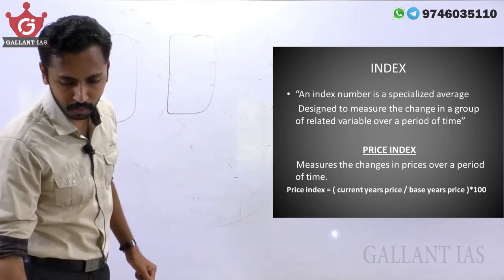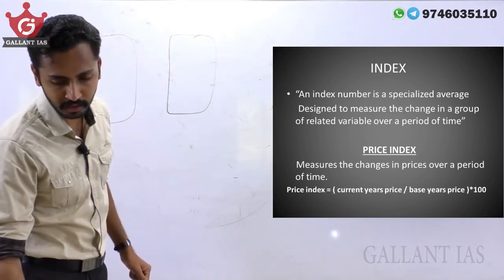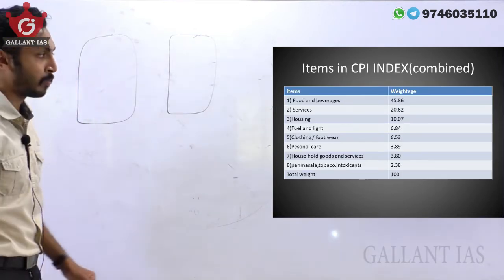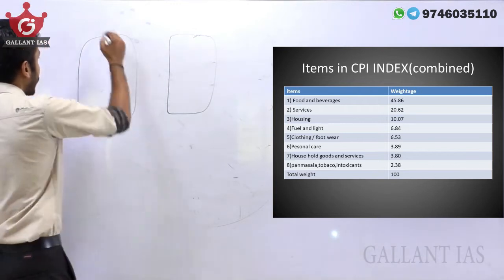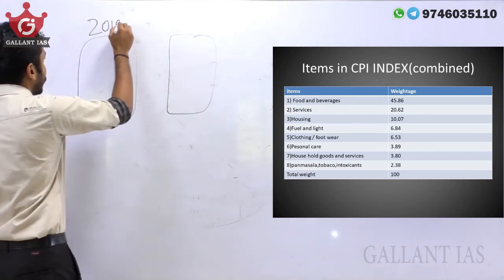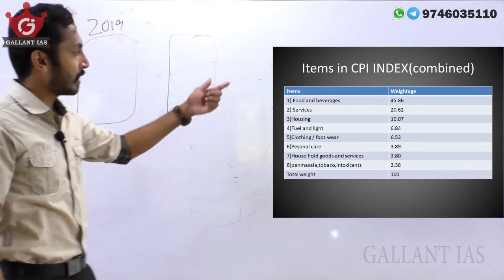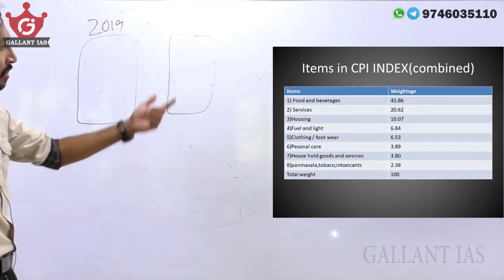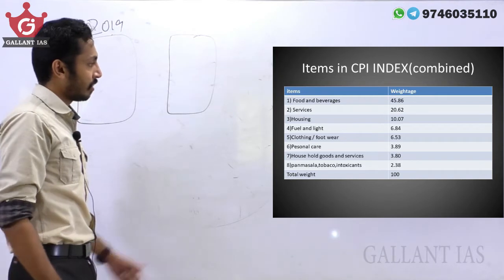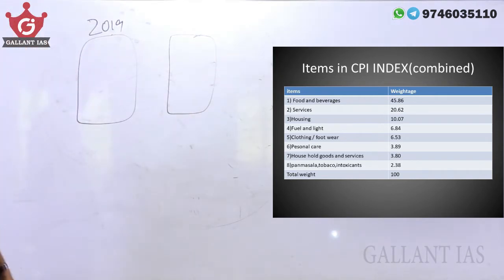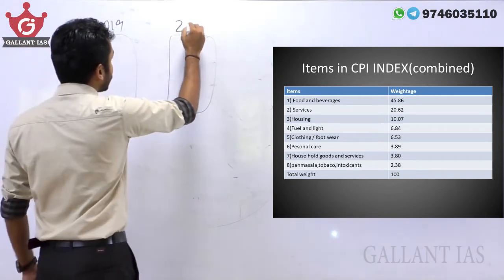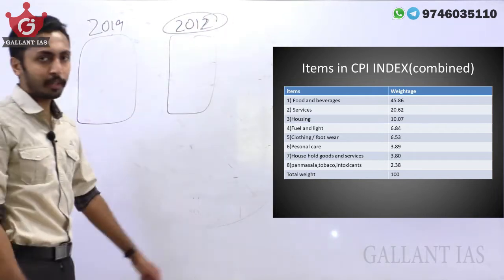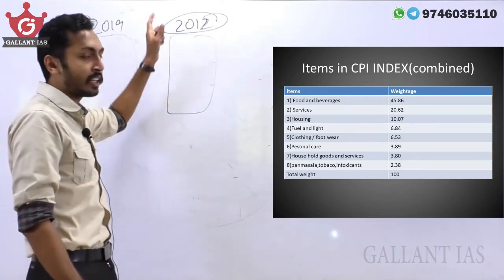The basket of commodities for CPI, Consumer Price Index, is this: these 8 items which are very important for a common man's daily life. To find the inflation of 2090, we take the prices of these 8 goods and services and compare them with the base year. Why do we use a base year? Because it gives a starting point.